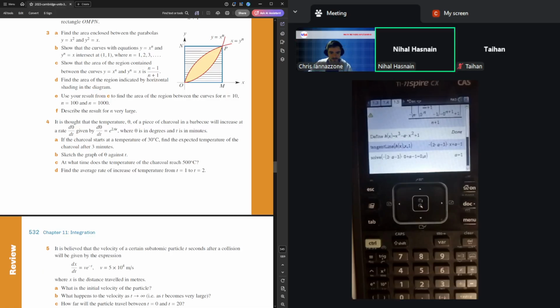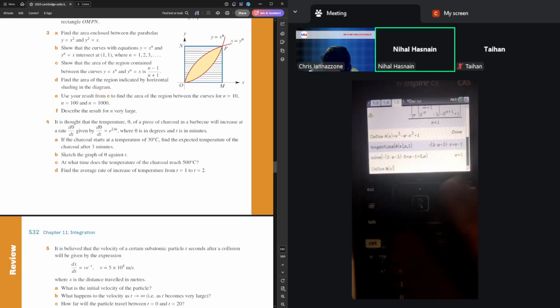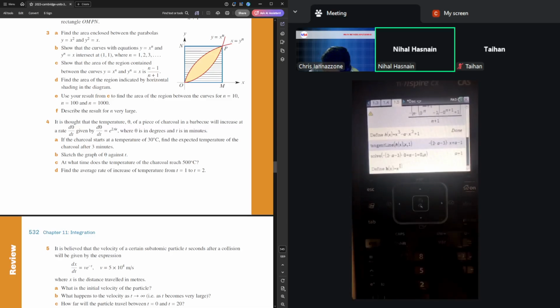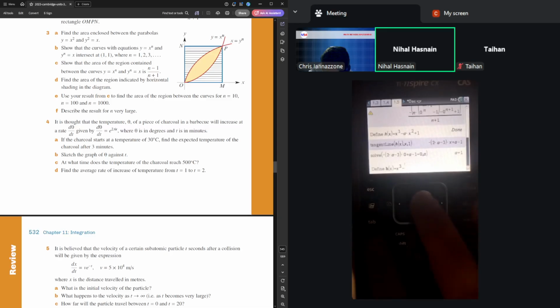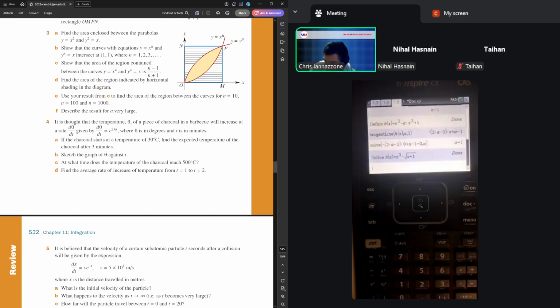So the average rate of change of the function with rule f of x equals x cubed minus square root of x plus 1, between x equals 0 and x equals 3.